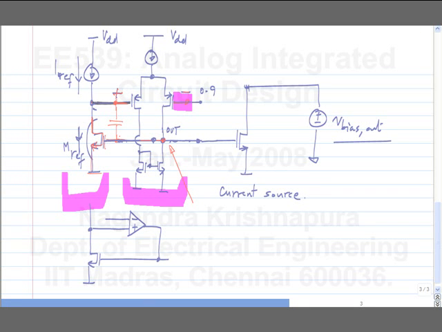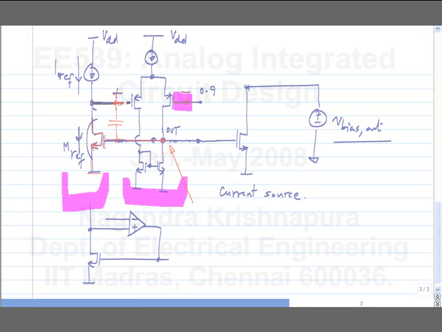So what is the high frequency equivalent circuit? At very high frequencies, what happens? At very high frequencies, this capacitor acts like a short circuit. So the circuit you have is, you don't have the op-amp basically.